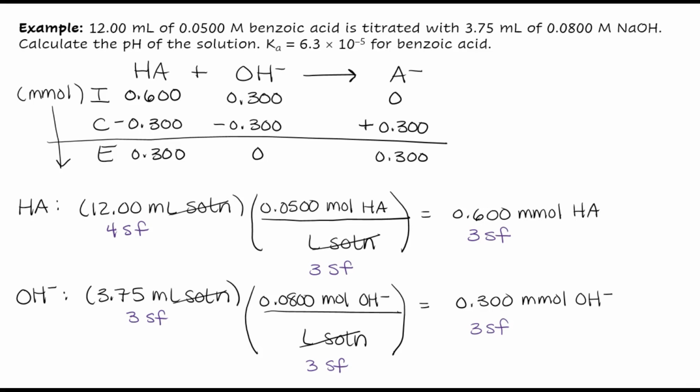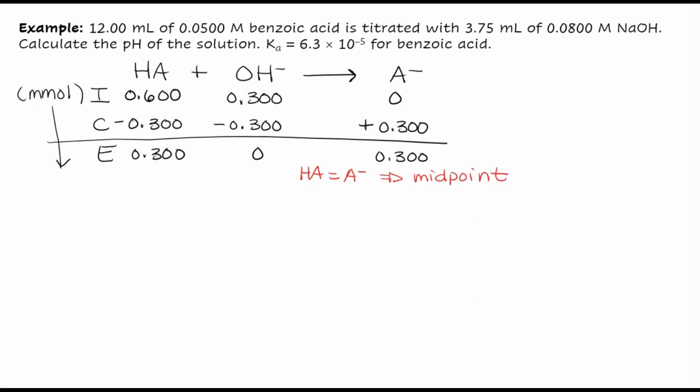Evaluating what's happening here, we have HA equal to A-. That tells us that we're at the midpoint of the titration. Because we have both HA and A- in the solution, we can use the Henderson-Hasselbalch equation to calculate pH, which is pH equals pKa plus log of A- over HA.